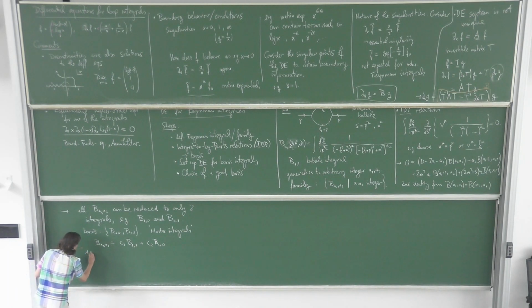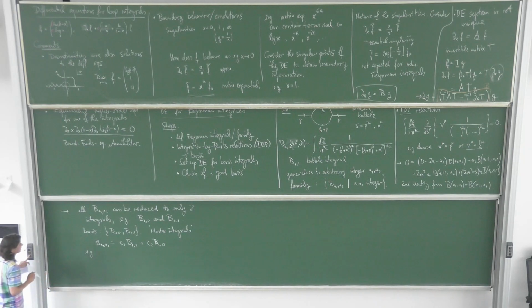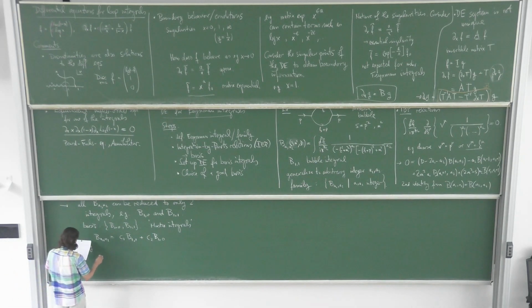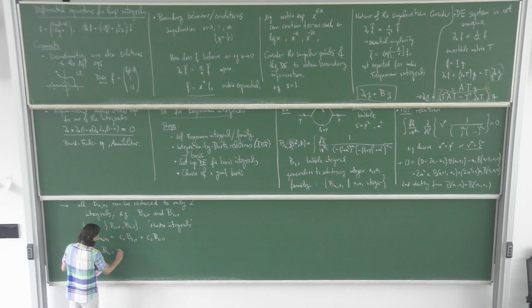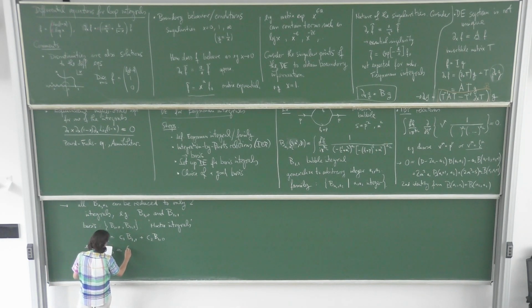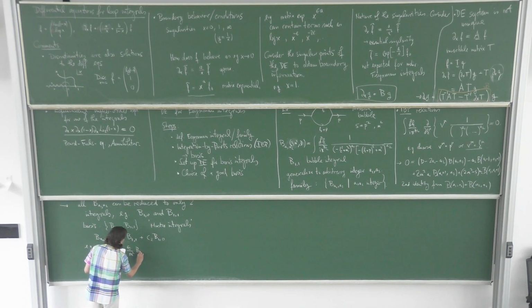So, for example, let's be very explicit, and that will actually be useful later. Let's say we had an integral b0,2,0. In this case, actually, this part is 0, and we just have a coefficient C2, which is epsilon divided by m squared times b1,0.